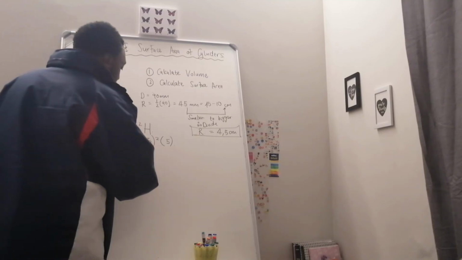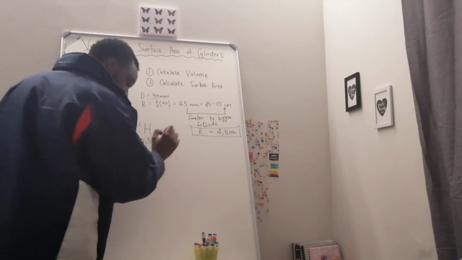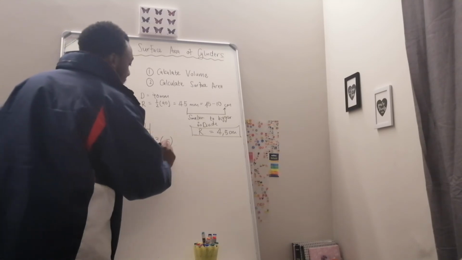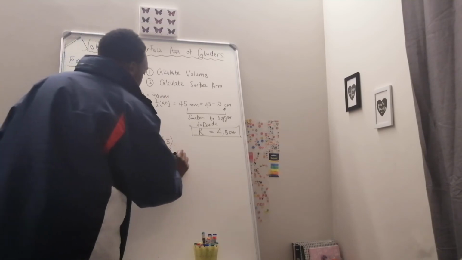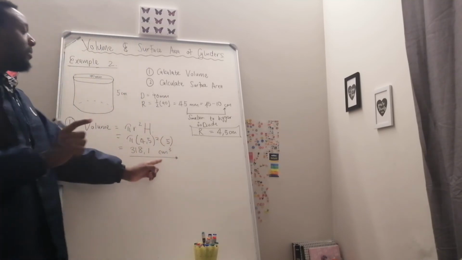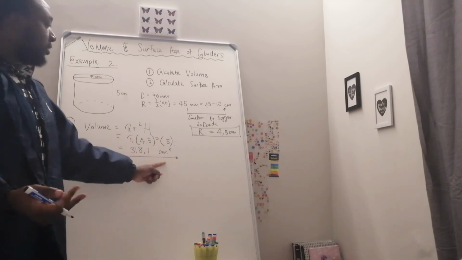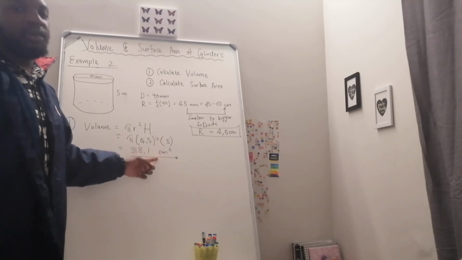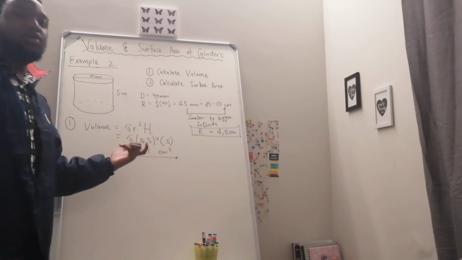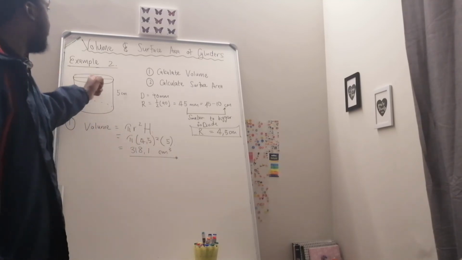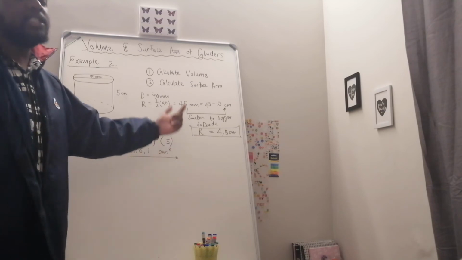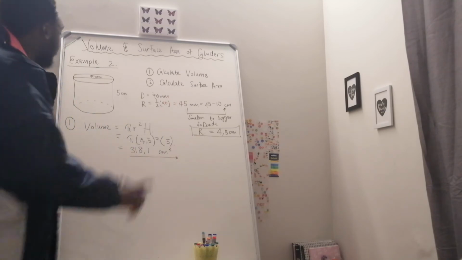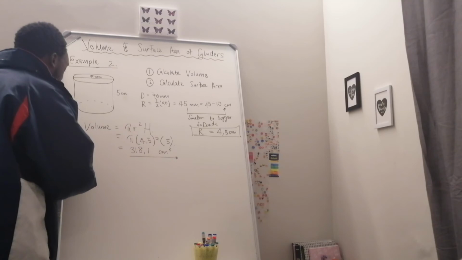I get 318.1. This is in centimeters cubed. And obviously, after converting, remember what units you're working with now, and so you express those units. So if you converted this one to millimeters, then that will come out as millimeters cubed. Right? So moving on to surface area.